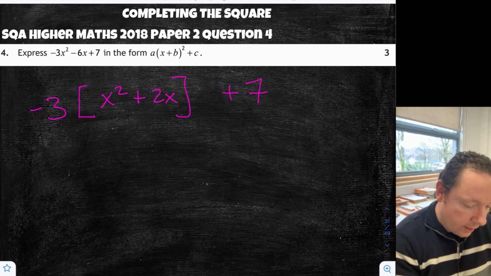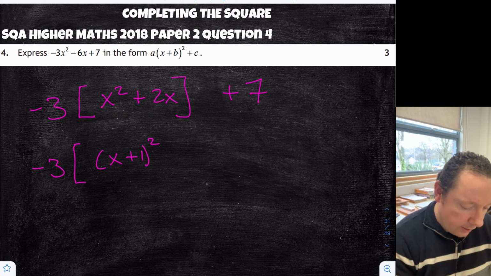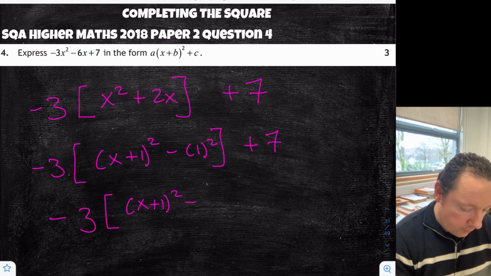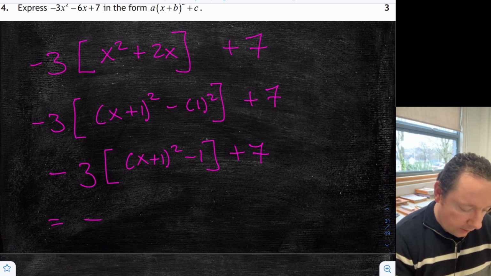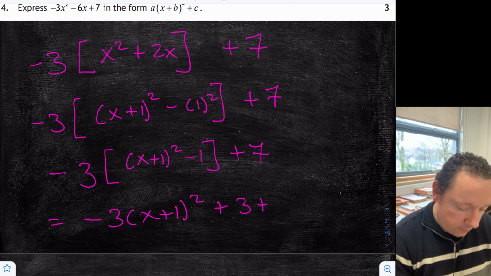So completing the square on this bit, we get minus 3, half the term, so x plus 1 all squared, and take away 1 squared, 1 times 1. And then we've still got plus 7. So that gives me minus 3, x plus 1 squared minus 1 plus 7, and then expanding that bracket, that's minus 3(x plus 1) squared. 3 times 1 is 3, minus times a minus, so it's plus 3 plus 7.